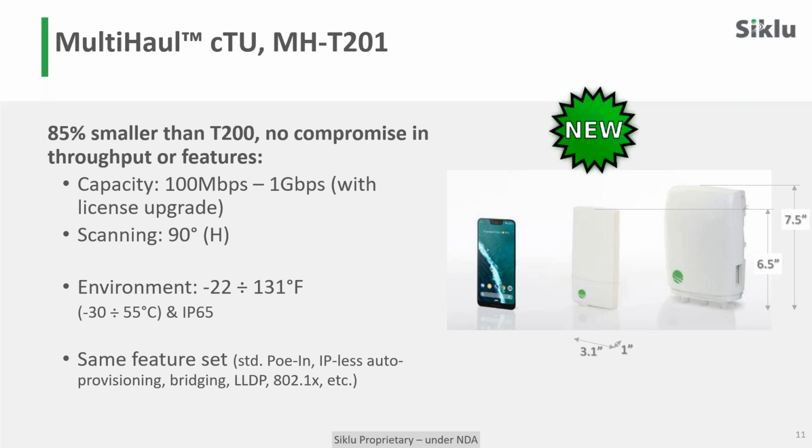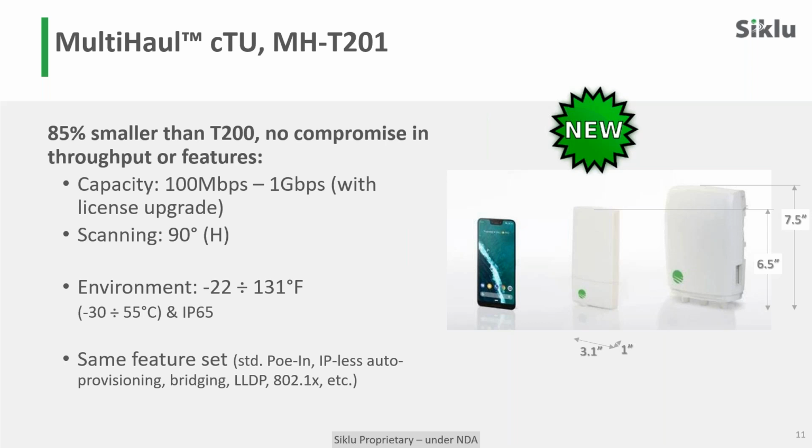We have not compromised on anything else. So the capacity is the same. All the terminal units, the large one or the compact one, start with 100 meg and can be software upgraded to a full gigabit. The scanning capacity is the same. It is still plus minus 45 degrees from center point.